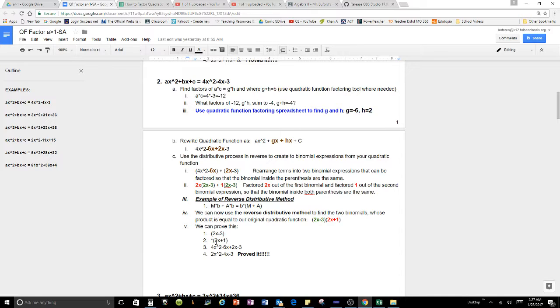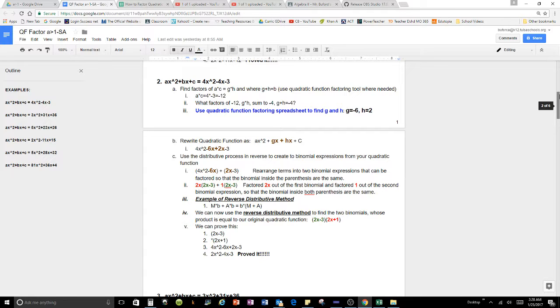That'd be 2x times minus 3, so that's a minus 6x. Now we come over here to this term. That'll be 1 times 2x, which gives us plus 2x, and then 1 times minus 3 gives us minus 3. We add the like terms. Minus 6x plus 2x is a minus 4x, so we get 4x squared minus 4x minus 3, our original expression.